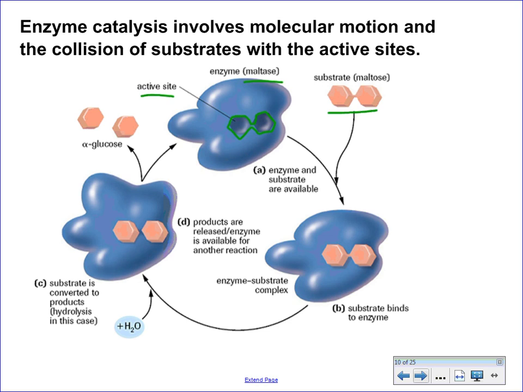For a reaction to happen, the substrate, in this case maltose, has to come into contact in the correct orientation with the active site. If it comes in at an incorrect orientation or an incorrect direction, then no reaction would happen.